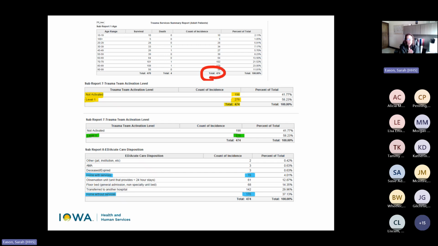I also need to look at the 276 that were called as trauma alerts. Did each one meet the trauma alert criteria that I have at my hospital, your specific alert criteria? That is essentially your over triage, because they were called, but they didn't meet my alert criteria in my hospital.